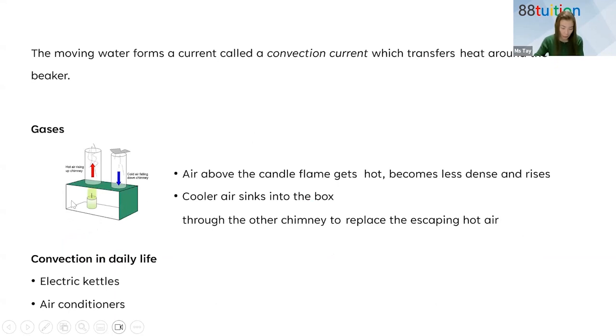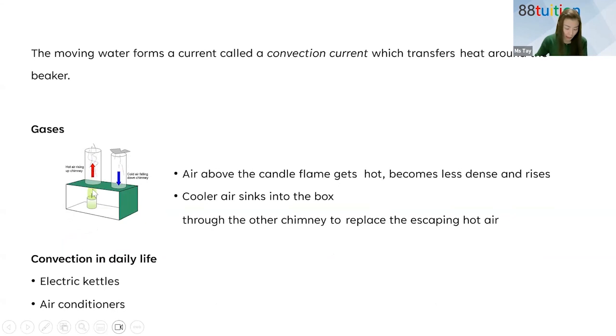Now we also saw this particular chimney with the gas. We saw the video in the other lesson. So when you have a candle placed here, the heat from the candle causes the air around it to be heated, and then the hot air rises because it expands and becomes less dense.